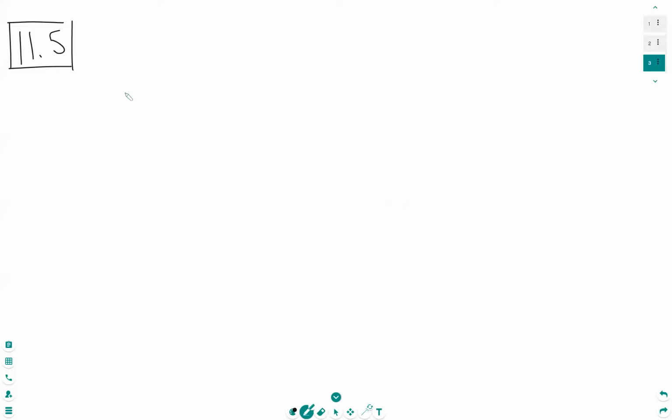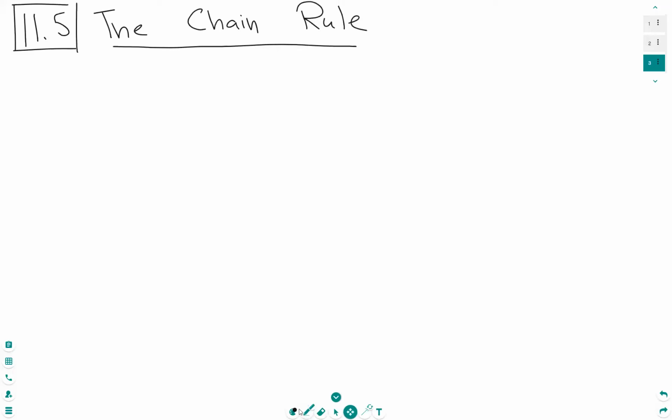So 11.5 is the chain rule. This is an important section.